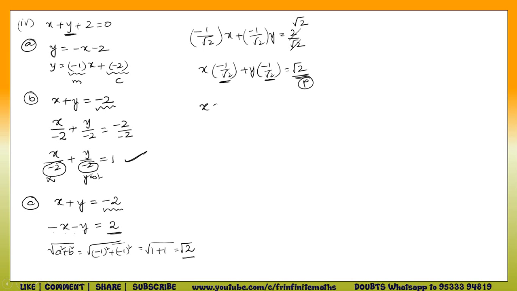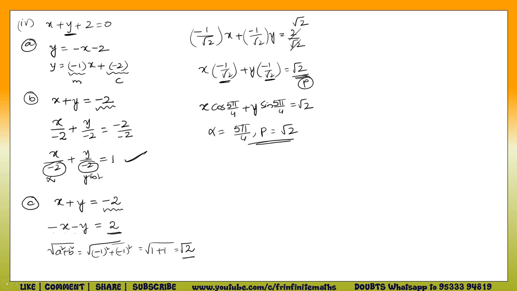That means x into cos 5 pi by 4 plus y into sin 5 pi by 4 is equal to root 2. So from this clearly alpha is equal to 5 pi by 4 and p is equal to root 2. So this is nothing but my normal form for this given question, right?